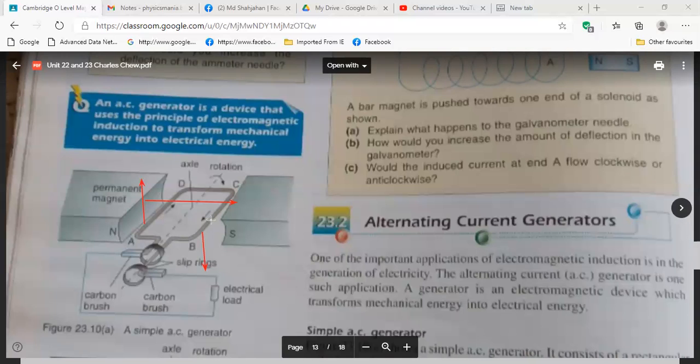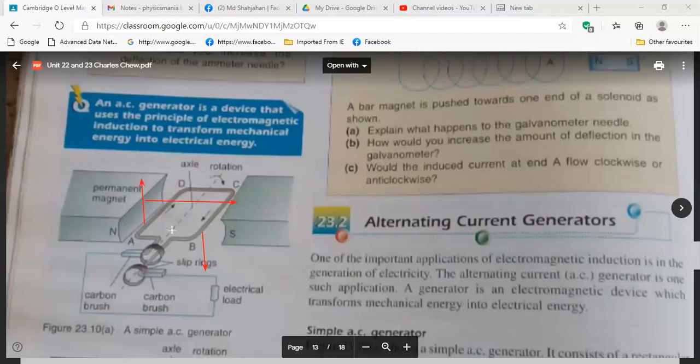That's why the current direction will be towards the screen, and the magnetic field is also in the same direction. So we are getting the flow of current in the same direction, isn't it?